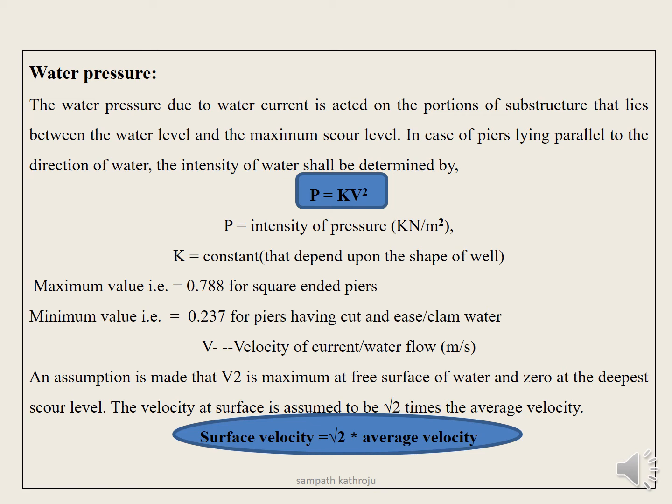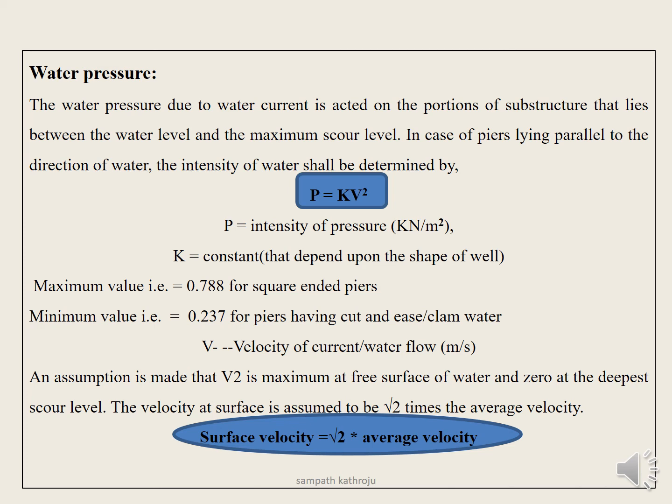you have seen the hydrostatic pressures on the steining, but here this is the current pressure due to waves. This acts on the substructures between water level and the maximum scour level. In case of piers lying parallel to the direction of water, intensity of water pressure shall be determined by P equal to KV square.